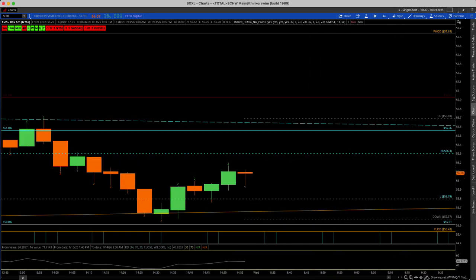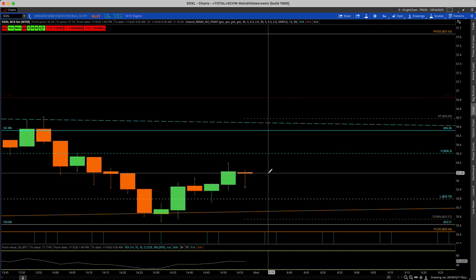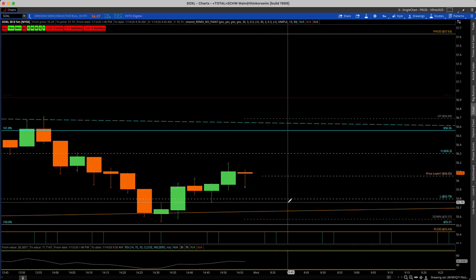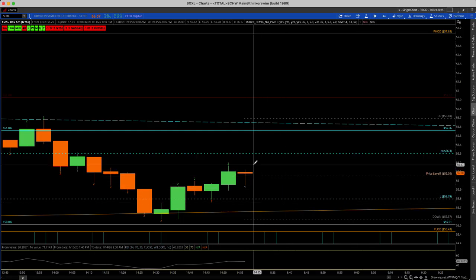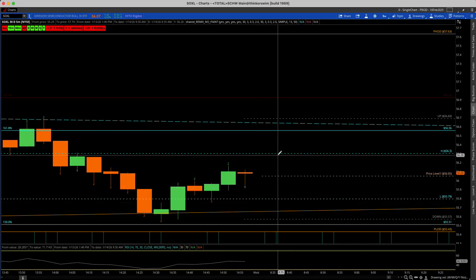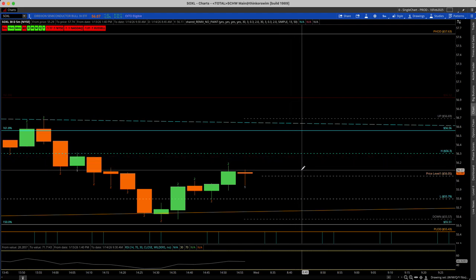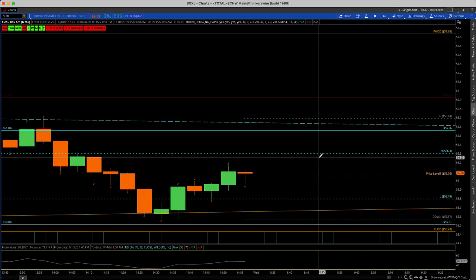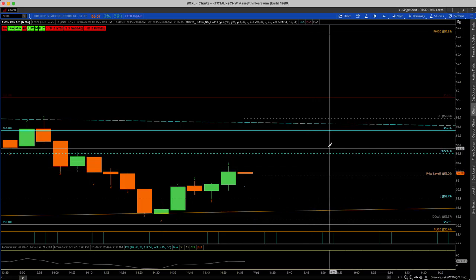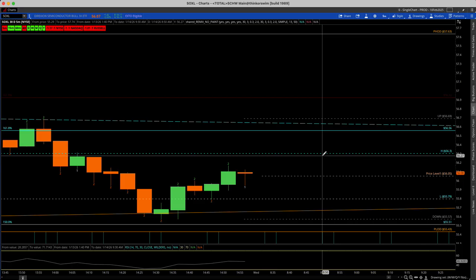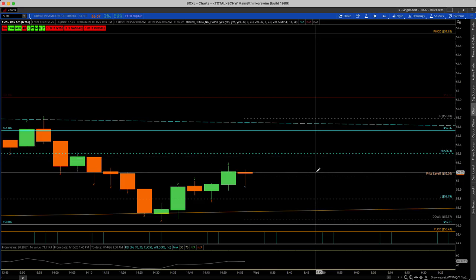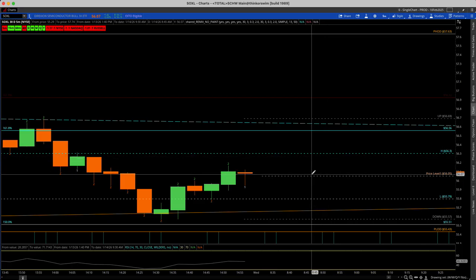Let's just say price opens somewhere in between the overnight range, and we get a push up and maybe reject off of the overnight high and pull back, but we get a higher low at or above that opening print level. Okay, we want to look to get into calls. Overnight high would probably be too close of a target for us, even if you got the best entry right at the opening print in this example.